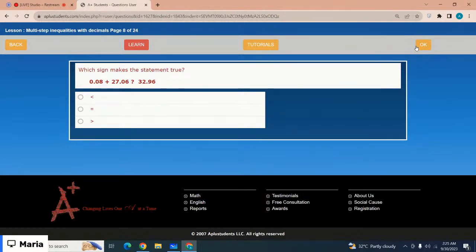Okay, the next one is, you have to add 0.08 plus 27.06, and you have to compare it to 32.96. So which is the correct option?